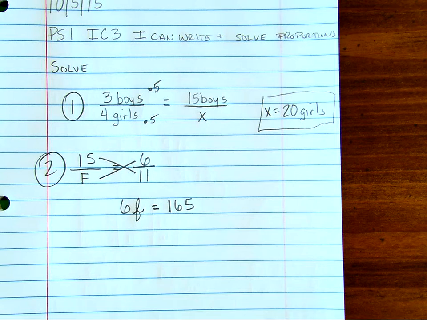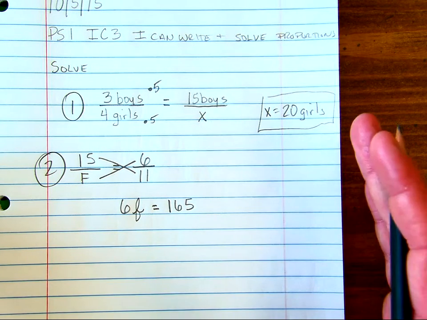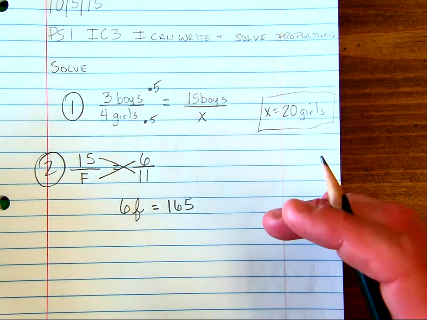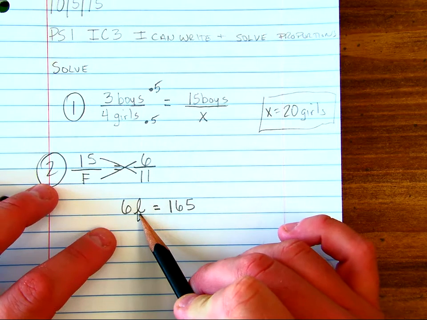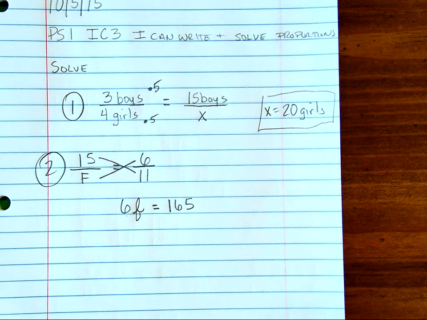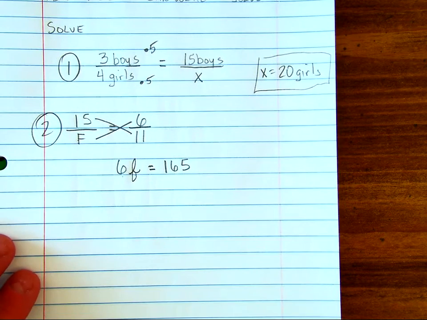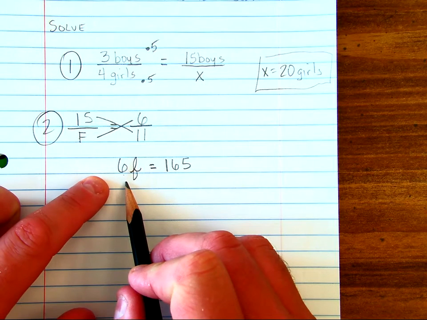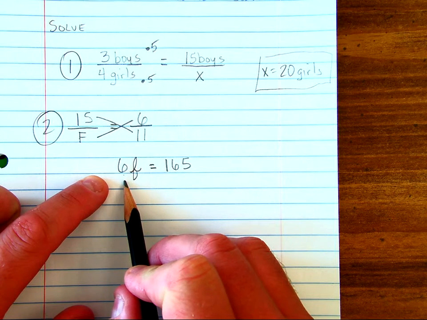So now that we have this equation, it is asking us what number, when we multiply it by 6, will give us 165. Well, to solve this, we have to do the inverse of multiplication.